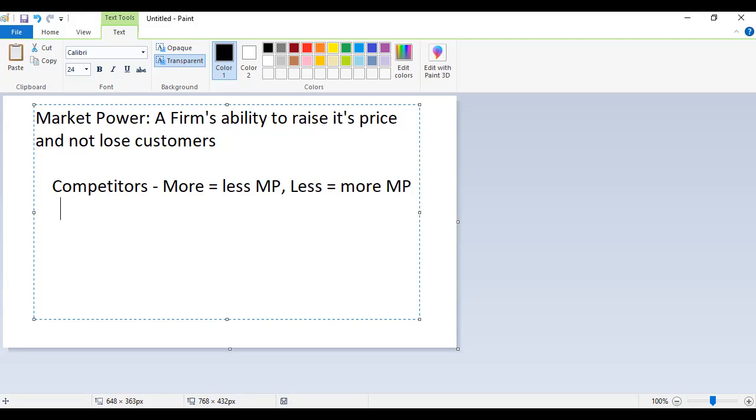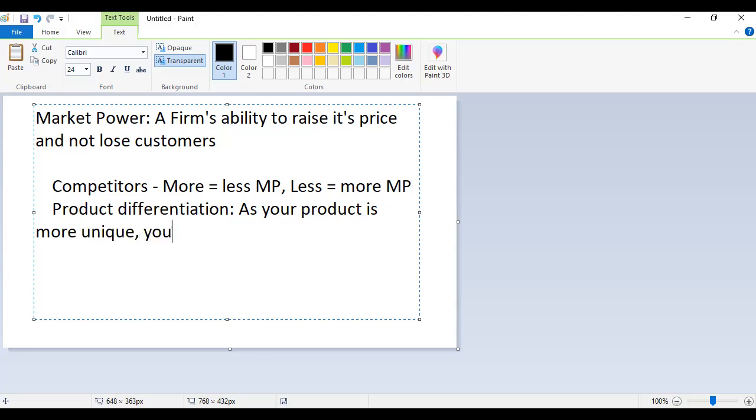Okay. And the second factor that contributes to market power is product differentiation. This basically means that the more unique your product is, the more market power you have.